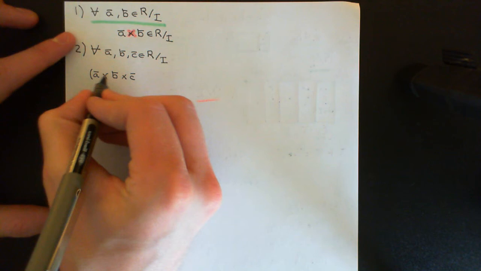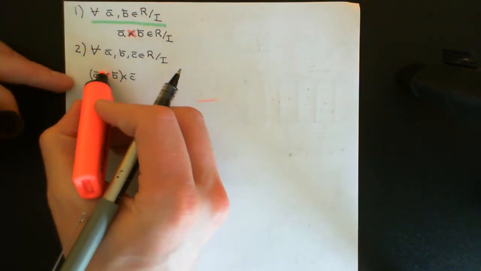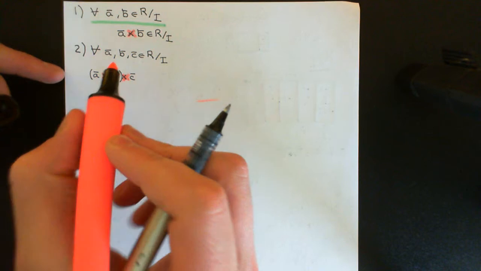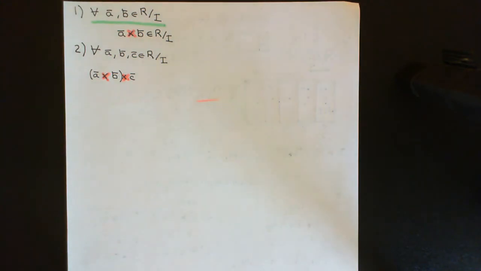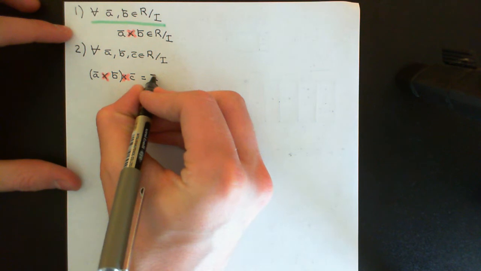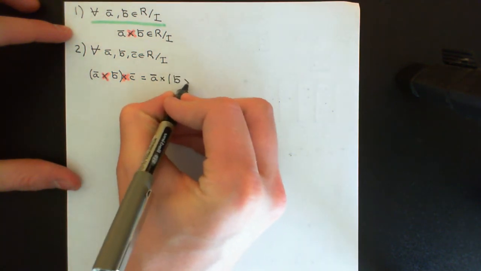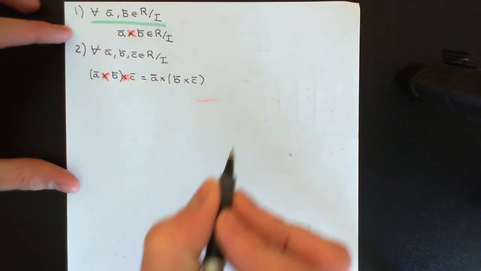So either you can put the brackets around A bar multiplied by B bar, and I'll just colour in these multiplication signs because they are multiplication in the quotient ring, or you can put the brackets around the B bar multiplied by the C bar.